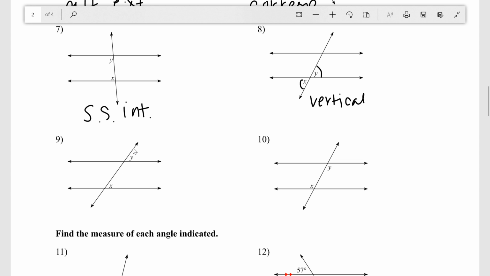So they can't be same side interiors or exteriors, but they are in the same corner around my intersections. So I do have corresponding again. And lastly, number 10, I see my x and y inside of my parallel lines, but on opposite sides of my transversal. So these would be your alternating interiors.